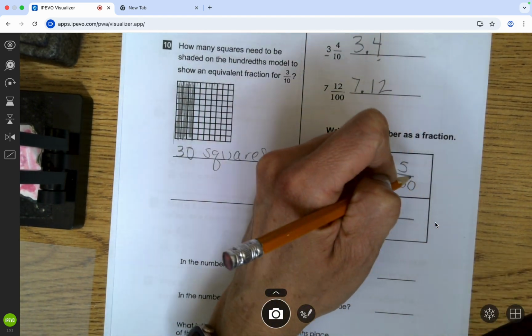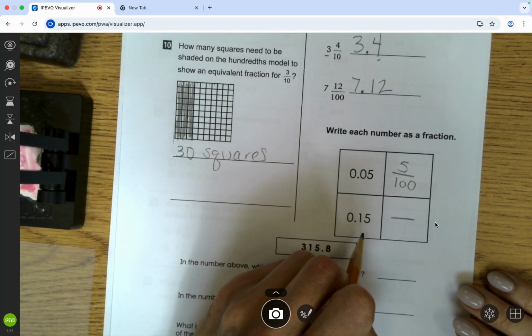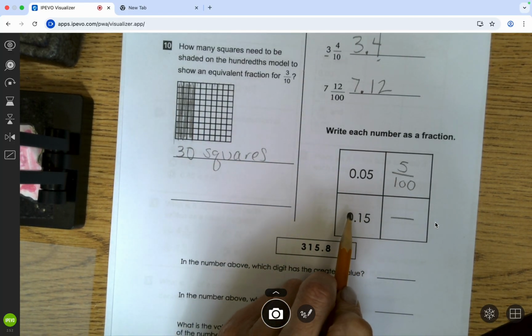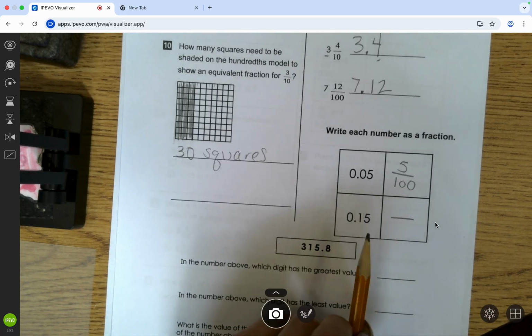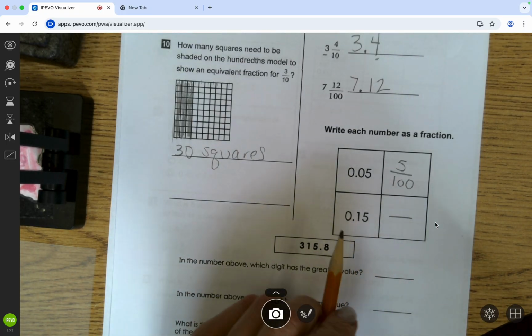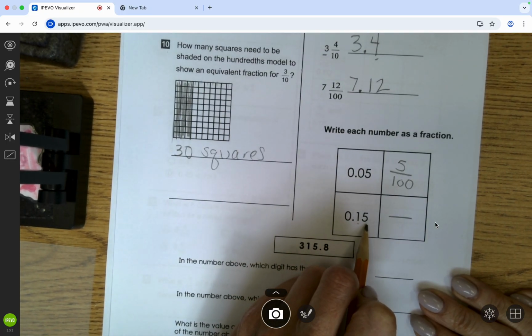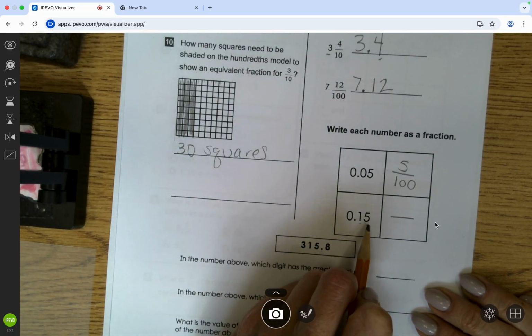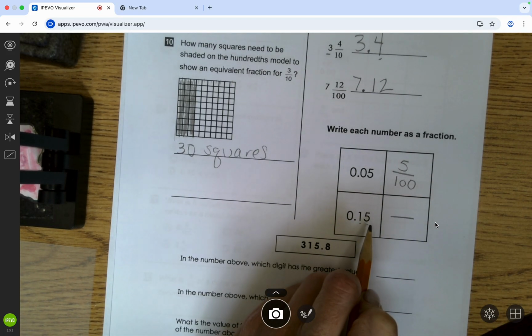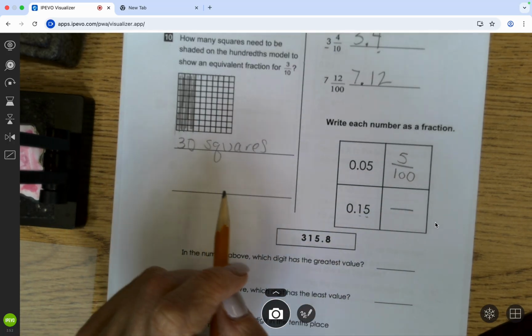Next one. 15, how would we say that? 15 hundredths, because there's a number in the tenths and the hundredths. Whenever there's a number in the hundredths and nothing after it, we say hundredths, okay?